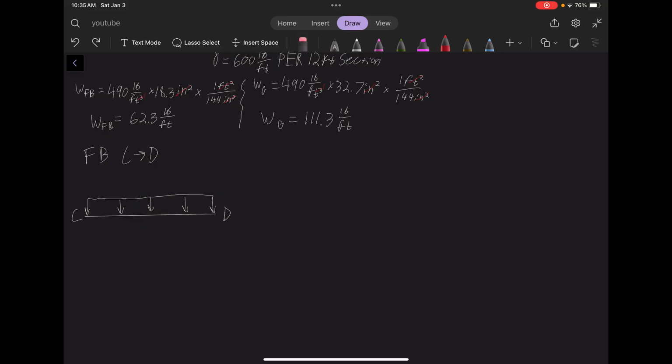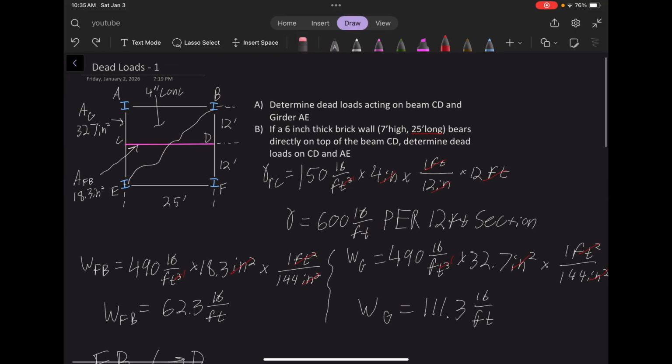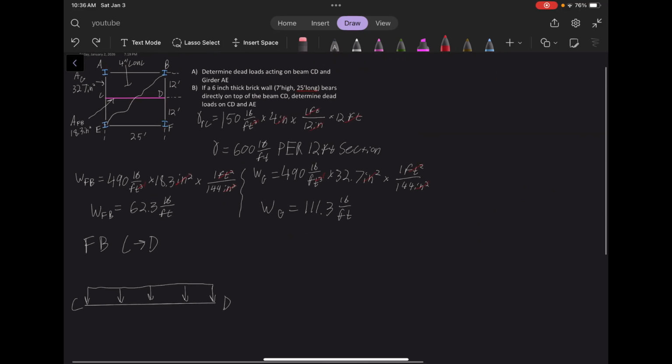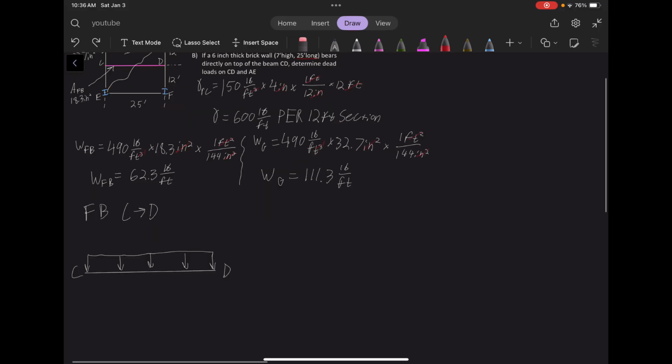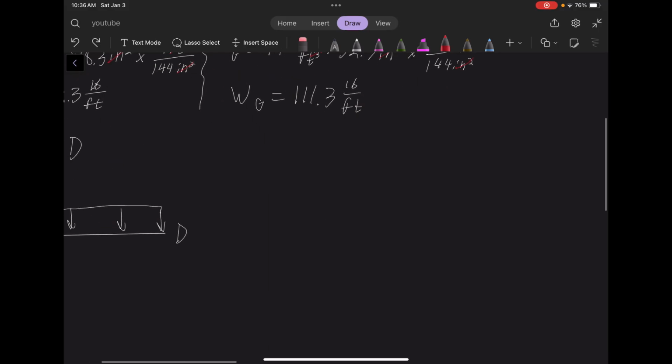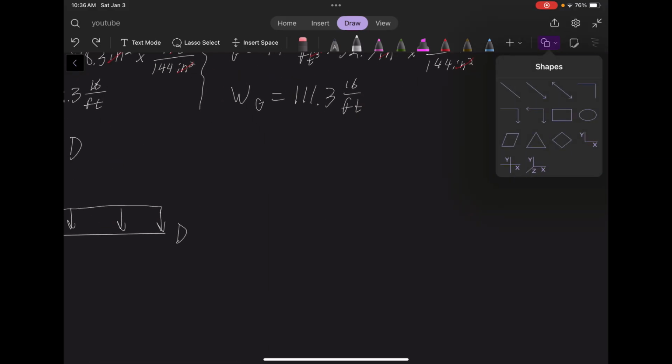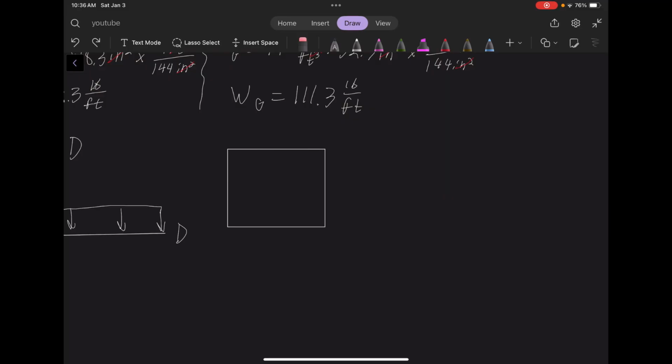So what we're going to do is just some simple multiplication. I'm going to draw the frame down here again, just to simplify some things instead of drawing over myself over and over again.